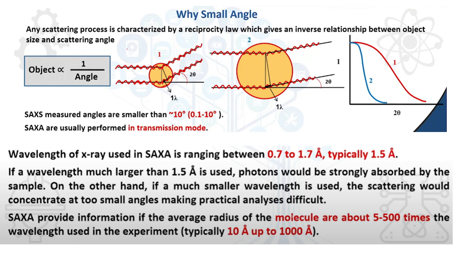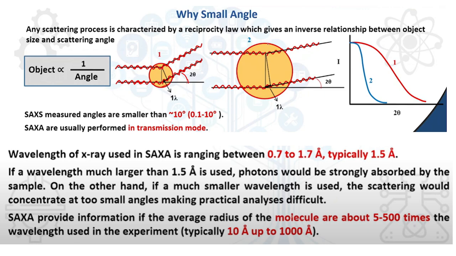Any scattering process is characterized by a reciprocity law which gives an inverse relationship with the object size. So whenever the angle is small, we can scan a larger object size. For example, here you see this is a small object size, and this is the 2 theta value.